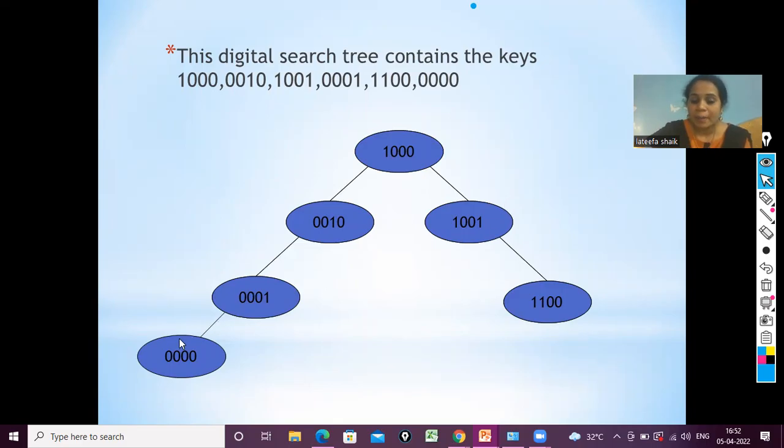When we come to the deletion operation, we will discuss how deleting an internal node varies. So this is the actual representation of the digital search tree.